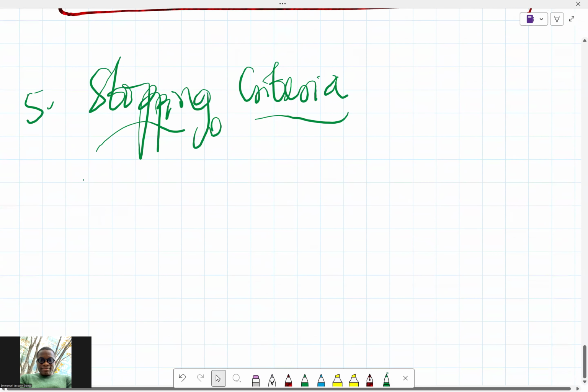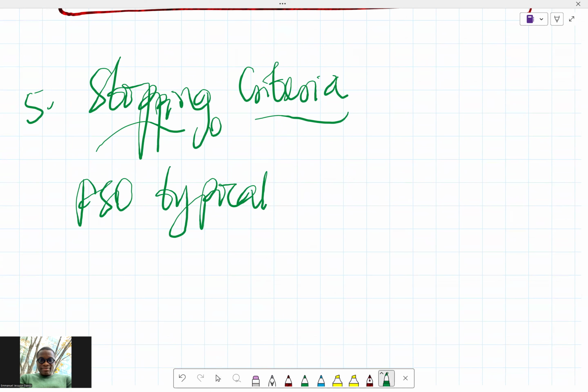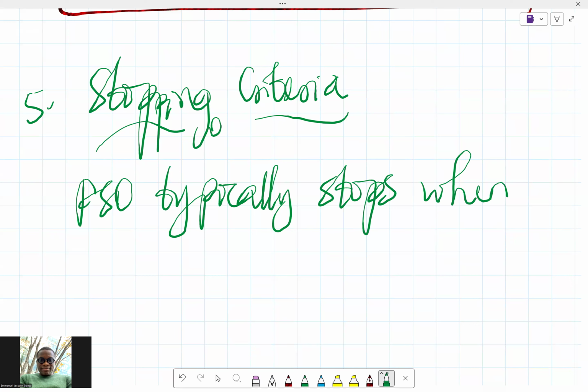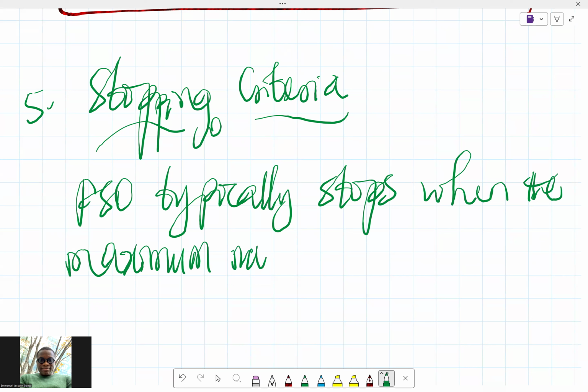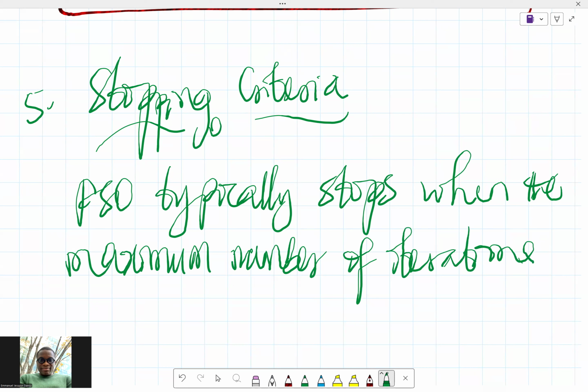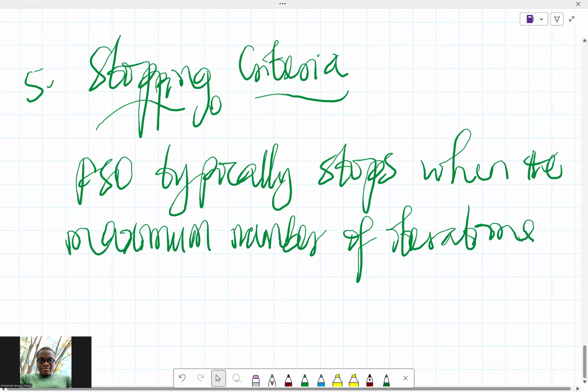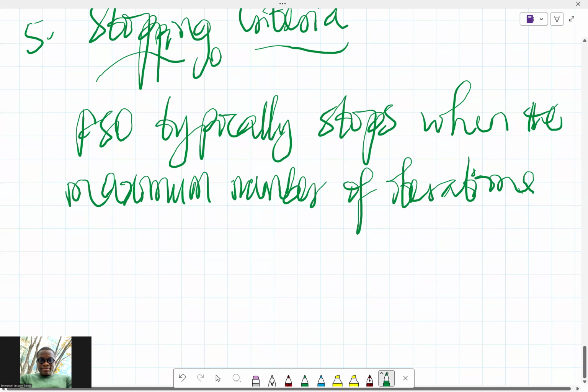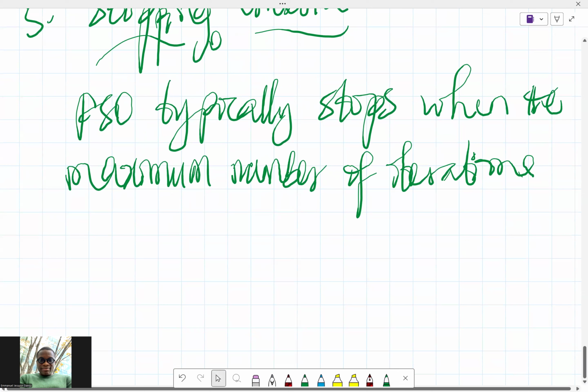PSO typically stops when the maximum number of iterations is reached. Okay. Because we can keep going. The space is boundless, so to speak, because everything keeps changing.